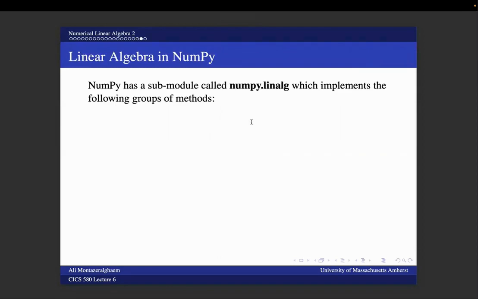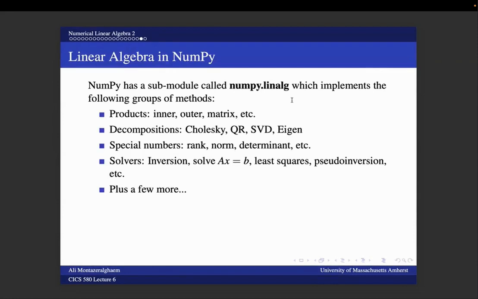Also keep in mind that NumPy has some methods and functions for linear algebra, called numpy.linalg. The methods we can find in this submodule are inner or outer products, matrix multiplication, or methods for decomposition of matrices, for example eigenvalue or singular value decomposition.